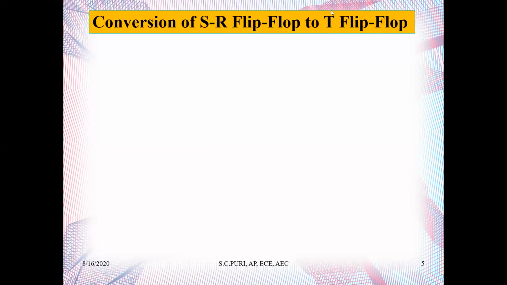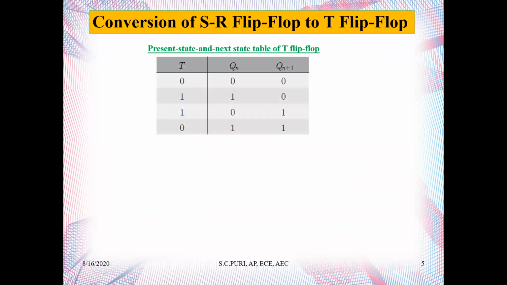After conversion, the input has to be a T flip-flop, and the given flip-flop in our hand is the SR flip-flop. For that purpose, first of all, we need the present state and next state table of the T flip-flop.